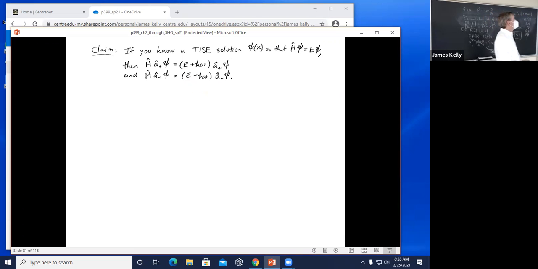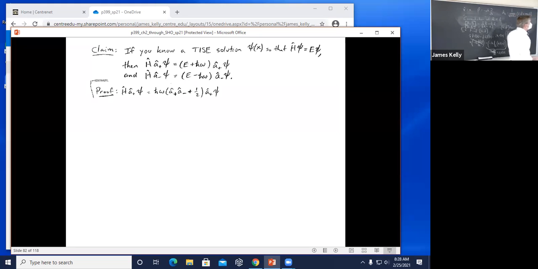We're just going to start with the top left statement right here, okay? So let's start with H being applied to A plus psi. And what I'm going to do is immediately use one of those two expressions for H that, you know, I didn't show all of the details there, but it's not hard at all to show that this is a totally valid expression for H hat.